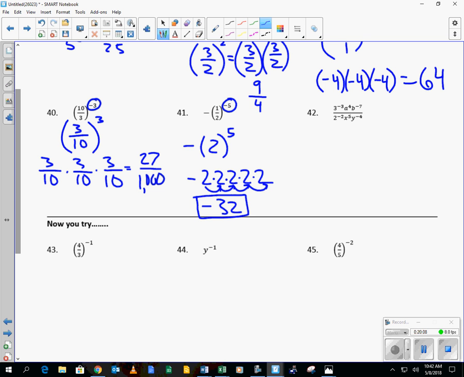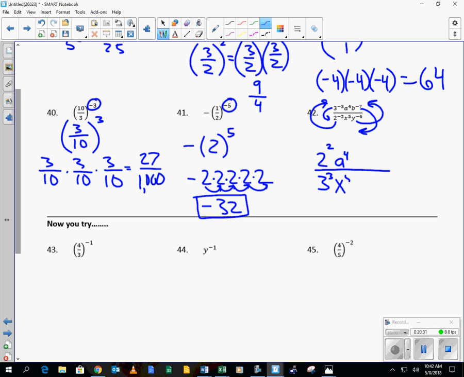Finally, our last piece here, we see a lot of negative exponents. We drop this 3 to the negative third down, this 2 to the negative 2 up, this y to the negative fourth up, this b to the negative seventh down. So I will have a 2 to the second on the top and a 3 to the third down below. A to the fourth stays where it is.